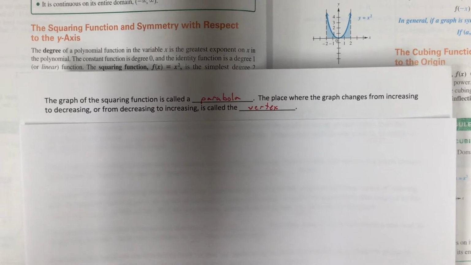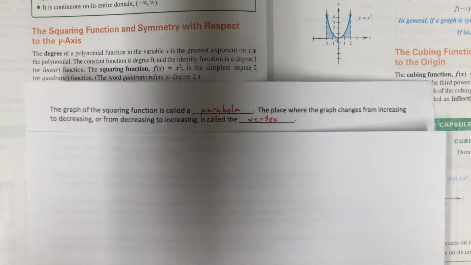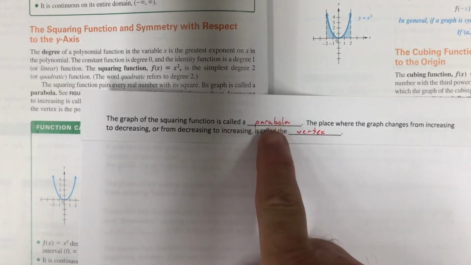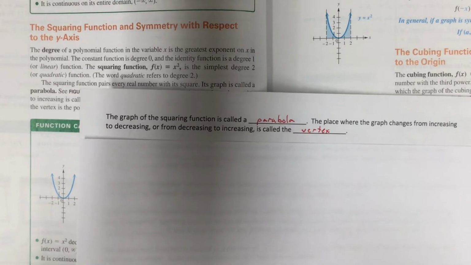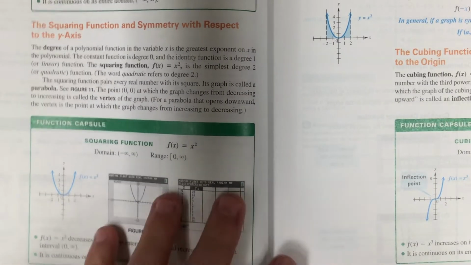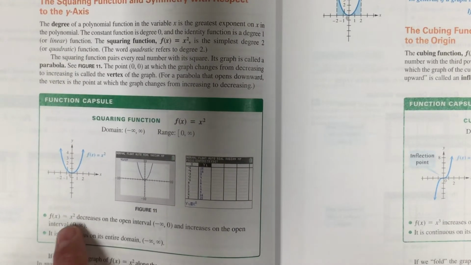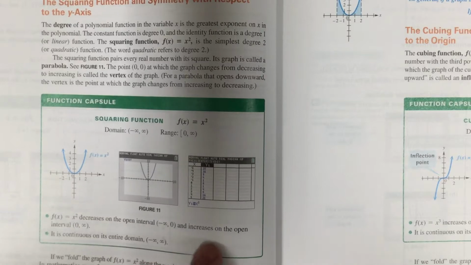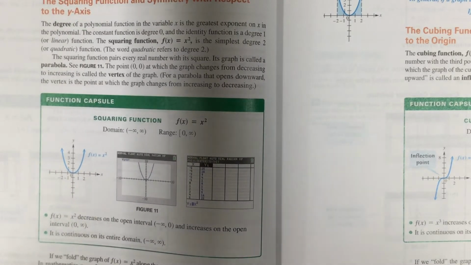The place where the graph changes from increasing to decreasing or from decreasing to increasing is called the vertex. This is for the squaring function. Parabola, vertex. 2 vocabulary words that are very important for you to understand about this squaring function. Once again, you need to know where it decreases, where it increases, and whether it's continuous or not.